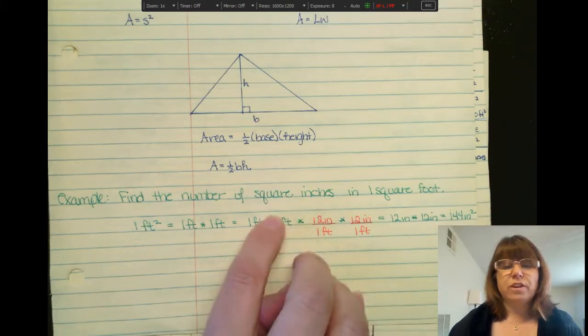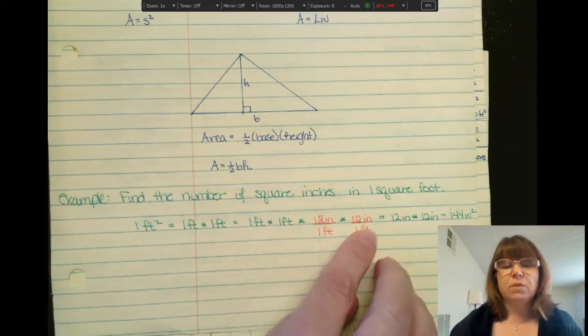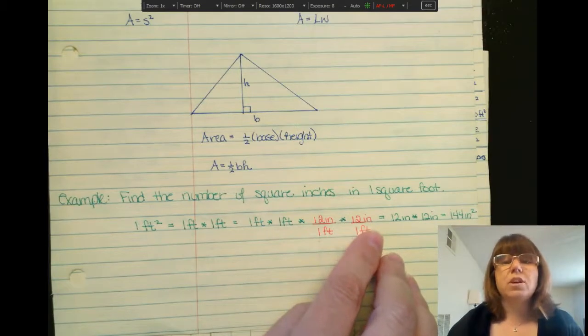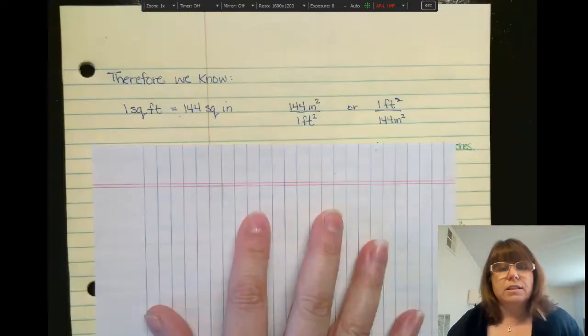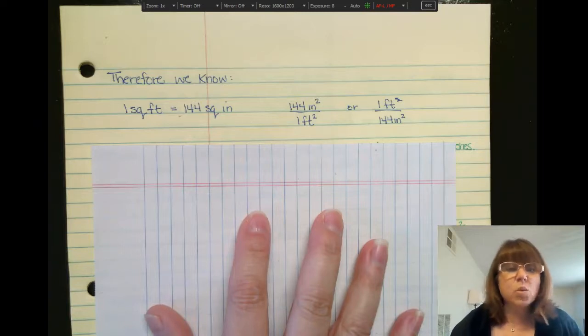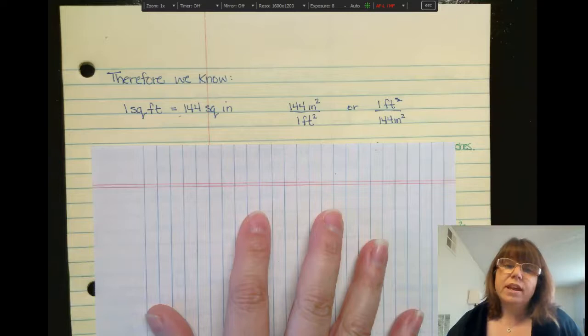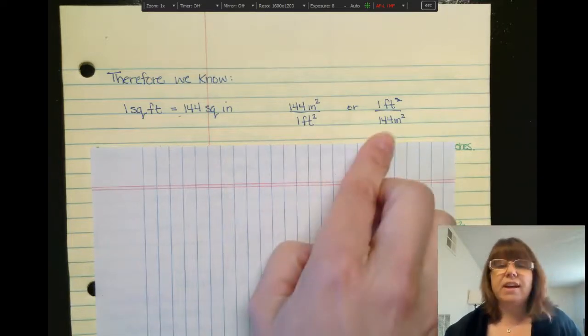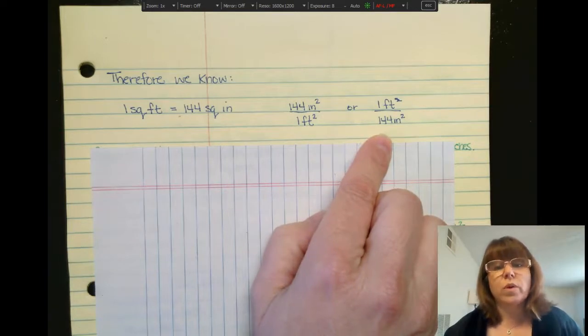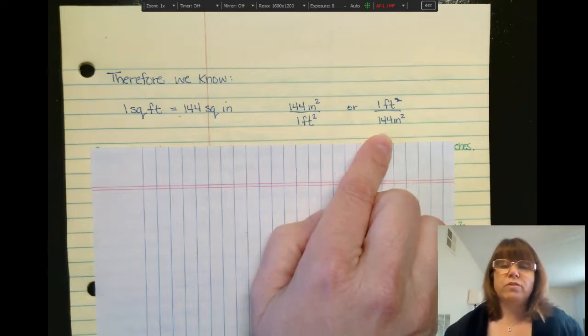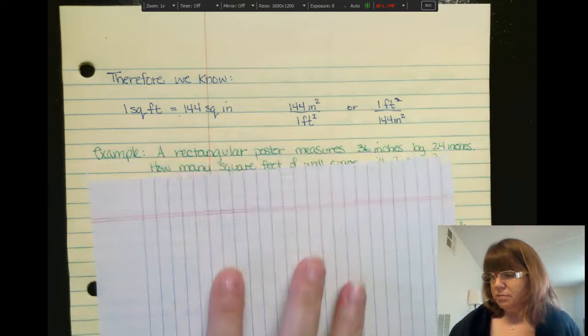Therefore, each foot will cancel out, leaving me with 12 inches times 12 inches, which is 144 inches squared. Much different than what we were doing before. So now we know that 1 square foot is 144 square inches, and we have a conversion factor for that: 144 inches squared over 1 foot squared, or 1 foot squared over 144 inches squared.